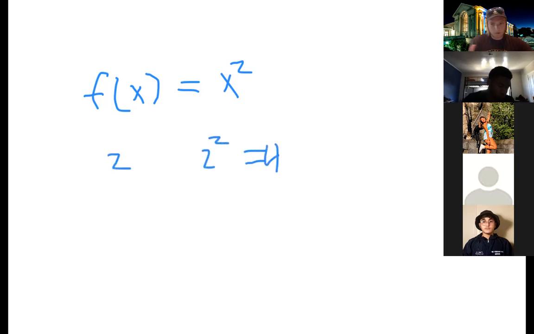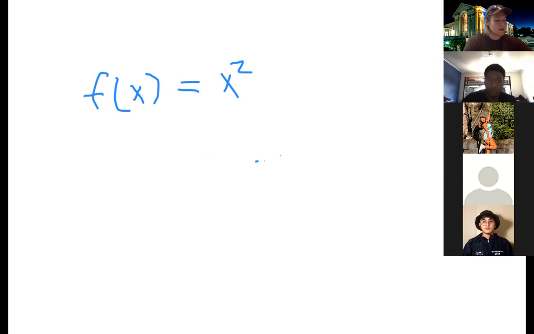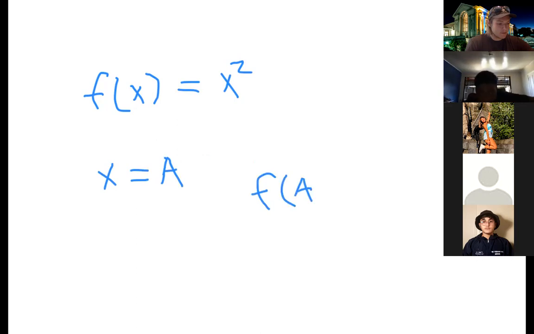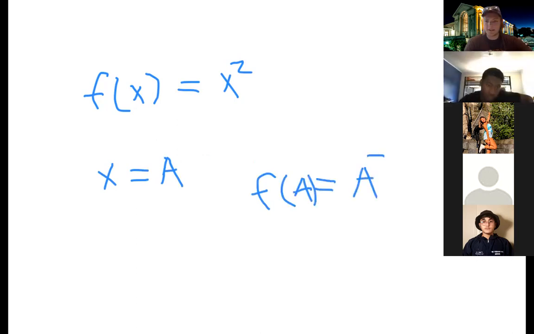Easy math. But that doesn't mean we can't plug in other things for x. What if we were to plug in x equals a, just the letter a? Now this becomes f of a is equal to a squared. I literally just plugged in the a for x.